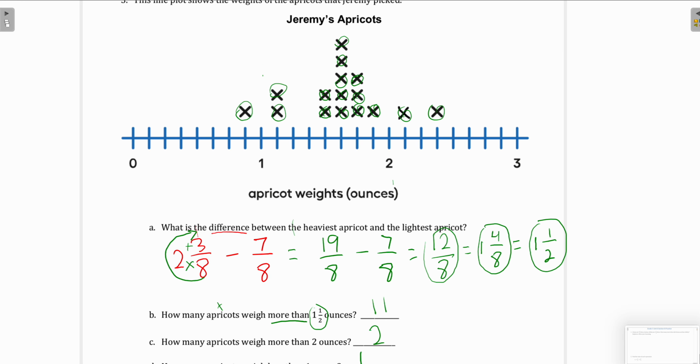Okay, so let's take a look, again, at 1.5 ounces. 1.5 is going to be over here at 1 4/8. 1, 1/8, 1 1/8, 1 2/8, 1 3/8, 1 4/8. This point is 1.5 right here.